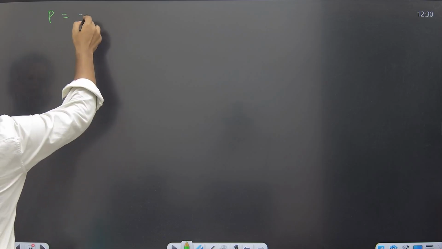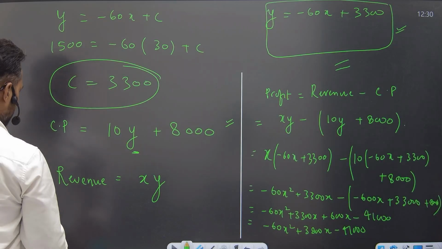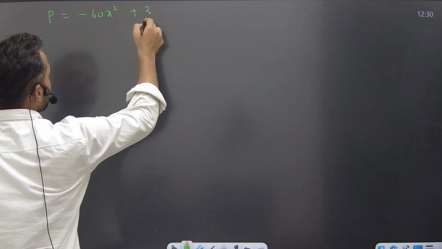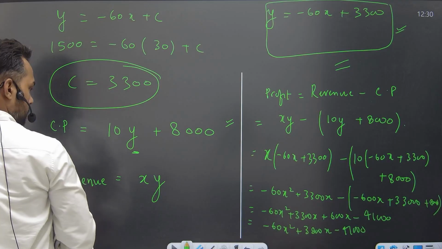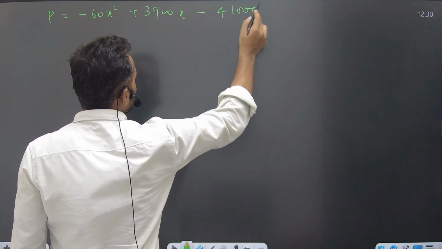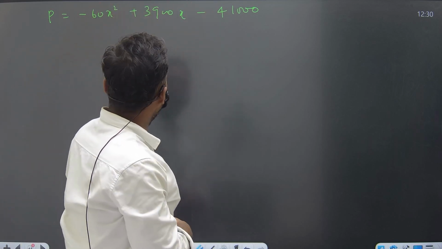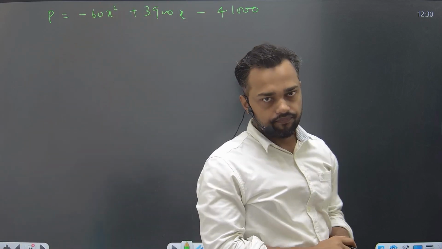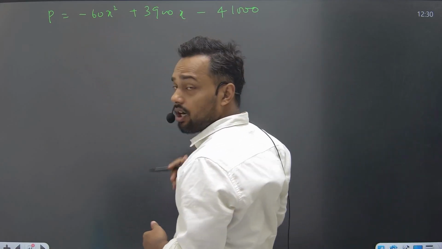So what we have got as profit is minus 60x square plus 3900x minus 41,000. Here all the values we have got are in pounds. So for thousands of pounds we need to divide it by 1000.